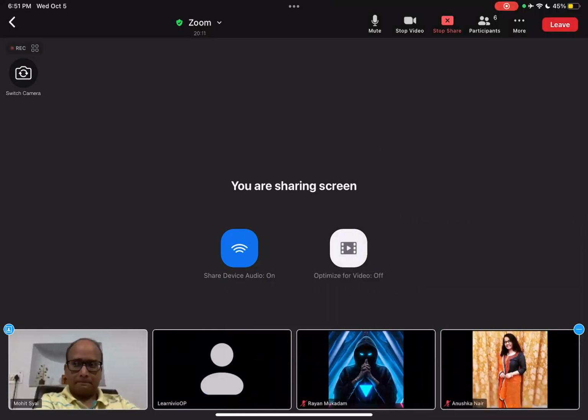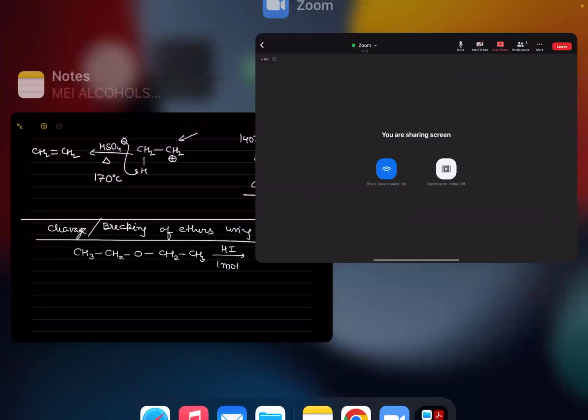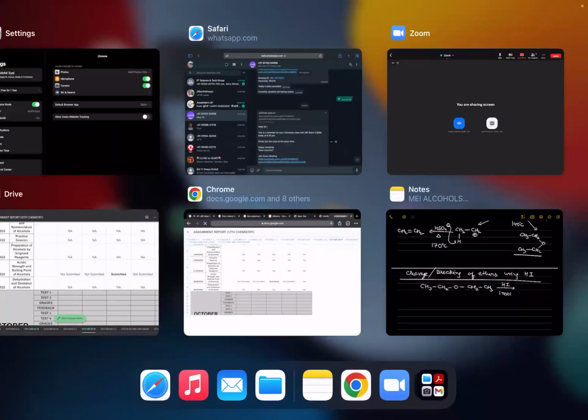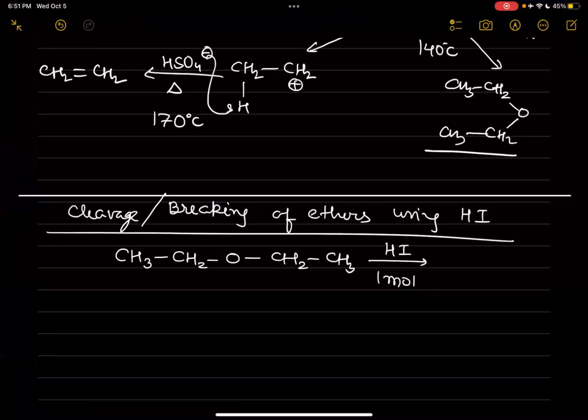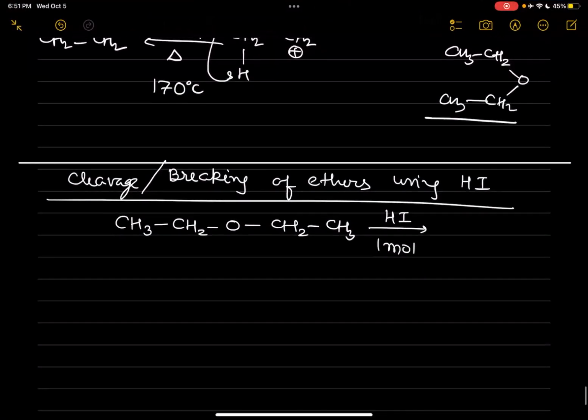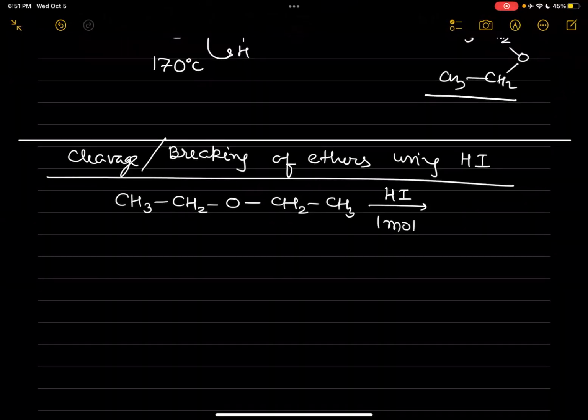This is the most famous. We can use dilute H2SO4 also. This is the most famous reaction. But why do we use it? Why not other acids? Other acids can also be used, but this is the most famous.